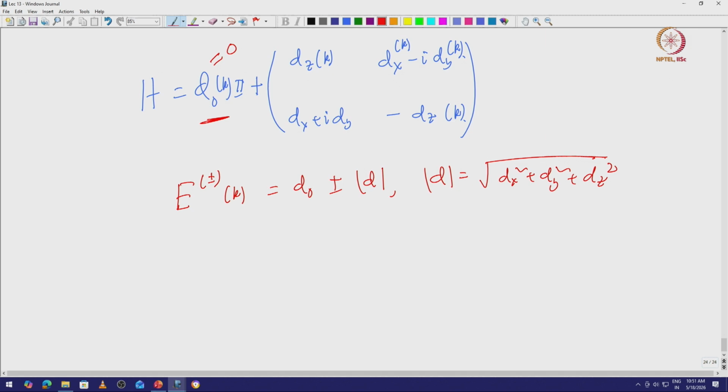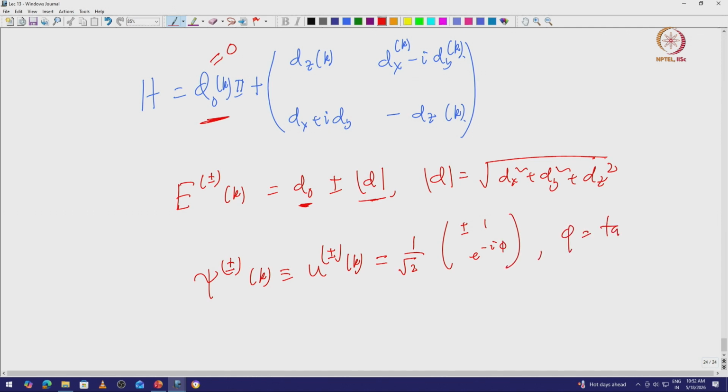we can see that the band splits into two bands, with d0 being the constant shift, and the eigenstate, as I said, is just a matter of notation, and I am not including the Bloch phase part here, just turns out to be 1 and e to the power minus i phi, where phi is, now this is the part I will come back to.